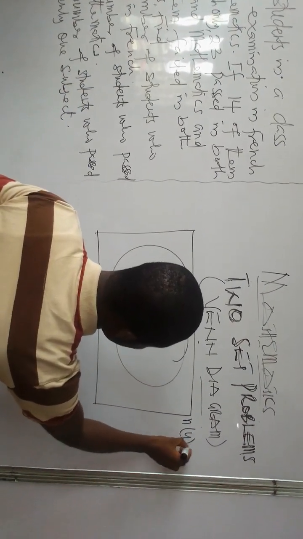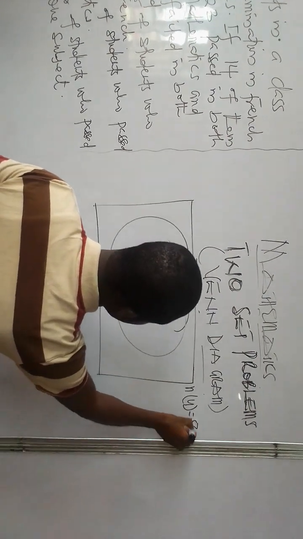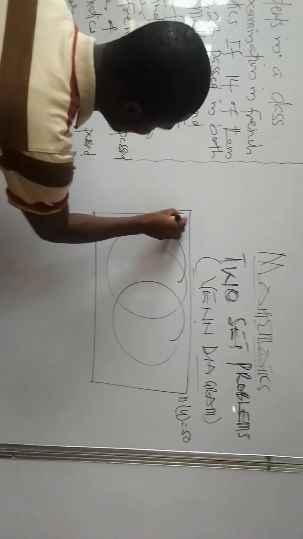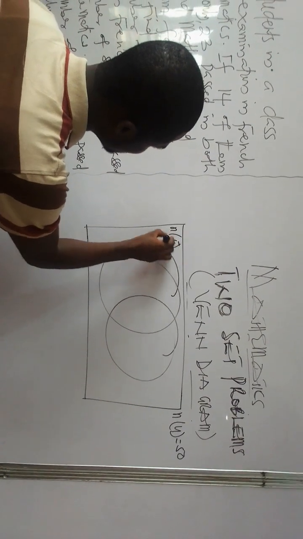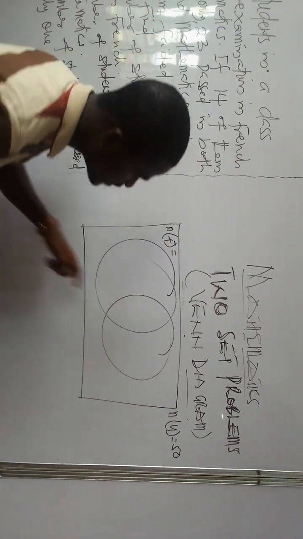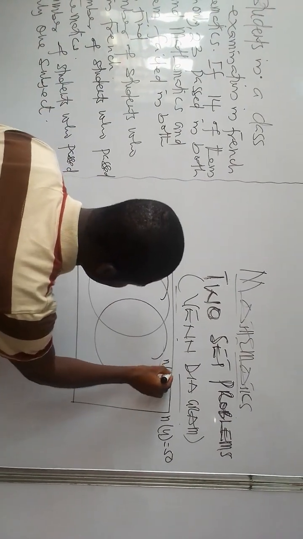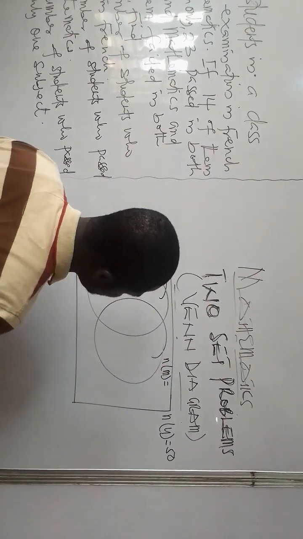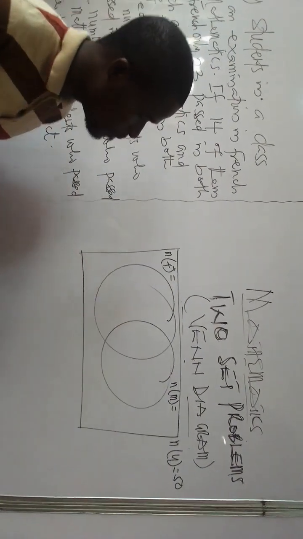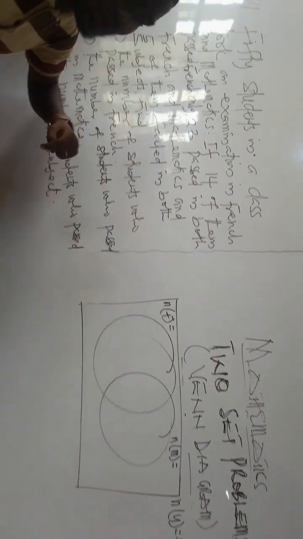Number of universal set, we have 50. Number of French is equal to, then number of mathematics is equal to. Now, let's go to the question.